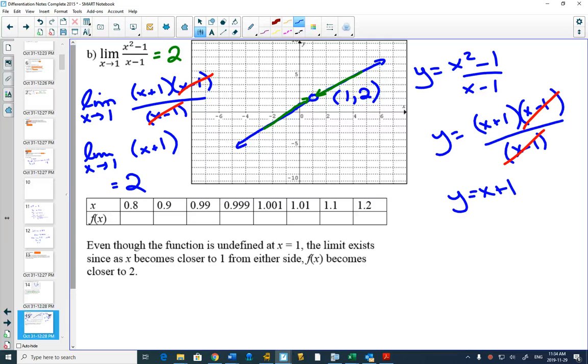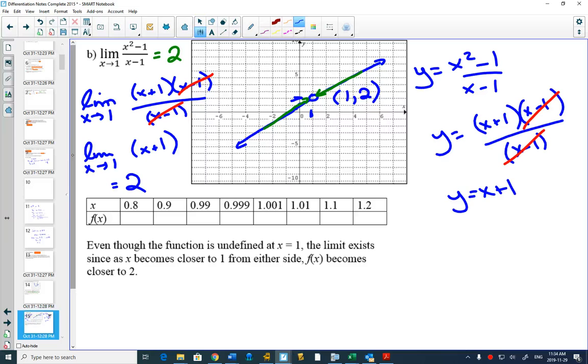And we can see it from the graph because we graphed these one before. As you go from the left or from the right, as x gets close to 1, your y value gets close to 2. And so we would say the limit as x goes to 1 is equal to 2. Again, you could type each of those values into your calculator and see the same result, that it's getting closer and closer to 2.